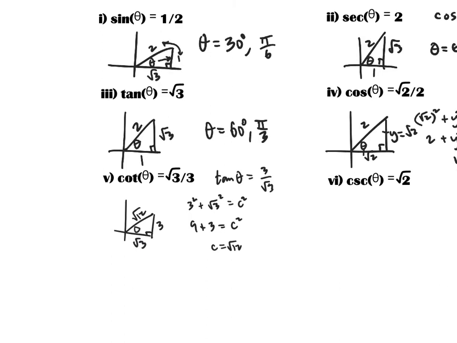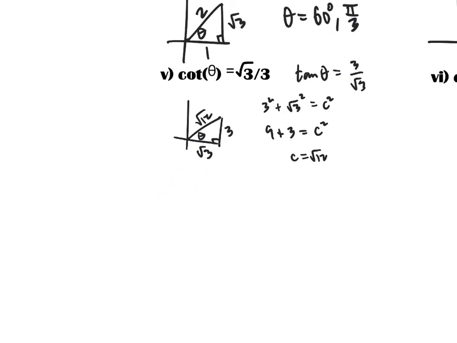Okay, now it might be hard for you to see this, but this is a 30, 60, 90 triangle, and let me show you why. All right, let's call this 1 and 2 and root 3. Okay, so theta, this is a similar triangle.